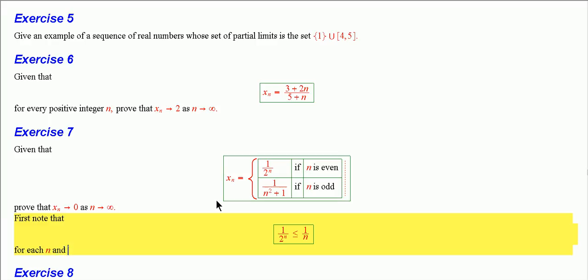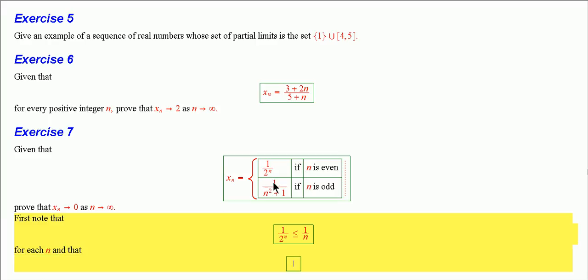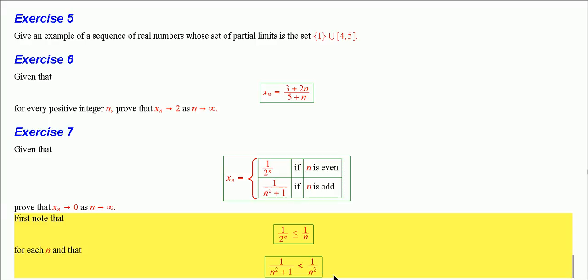And I want to hang on a second. Let me just write this. I wonder what that's less than. Well, if you don't put the plus 1, it's less than, right? If you don't put the plus 1, haven't you put more in the bottom? So that's bigger. Well, I've got news for you.